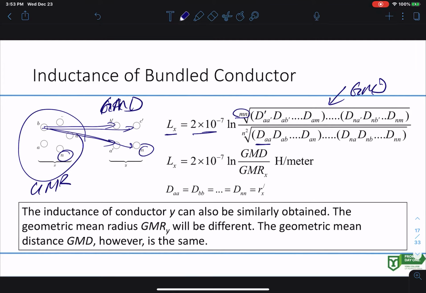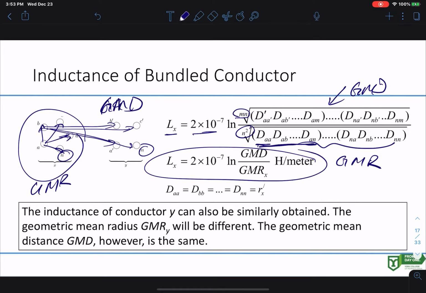DAA, DAB, and all the others. For each of them I have N distances or quantities, and I have N of them, so I have N squared to find the geometric mean. So this is the GMR, the GMR for the X conductor. The GMD and GMR here are in meters.